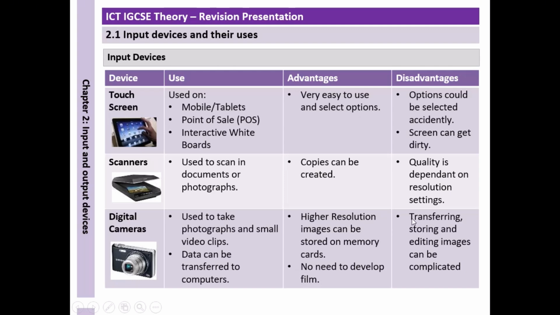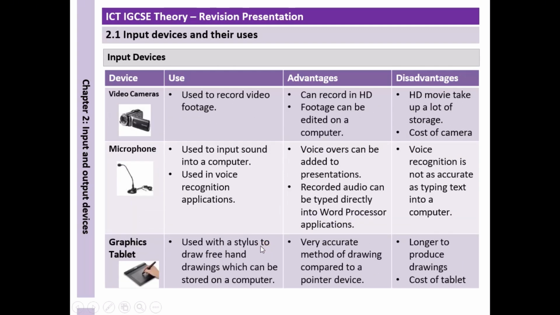Disadvantages: transferring, storing and editing images can be complicated because you have to learn how to use the application software for editing. So if you don't know, you'll have to pay an expert to edit your videos and those kinds of things.